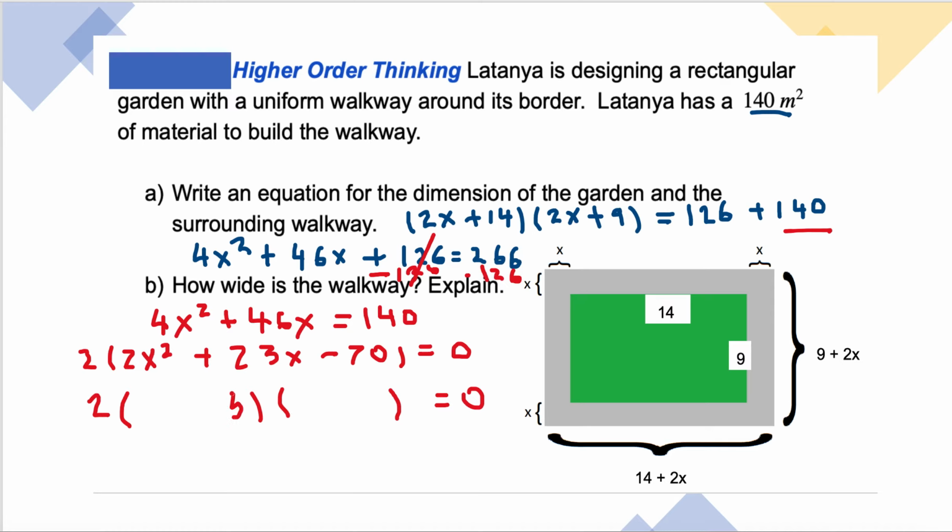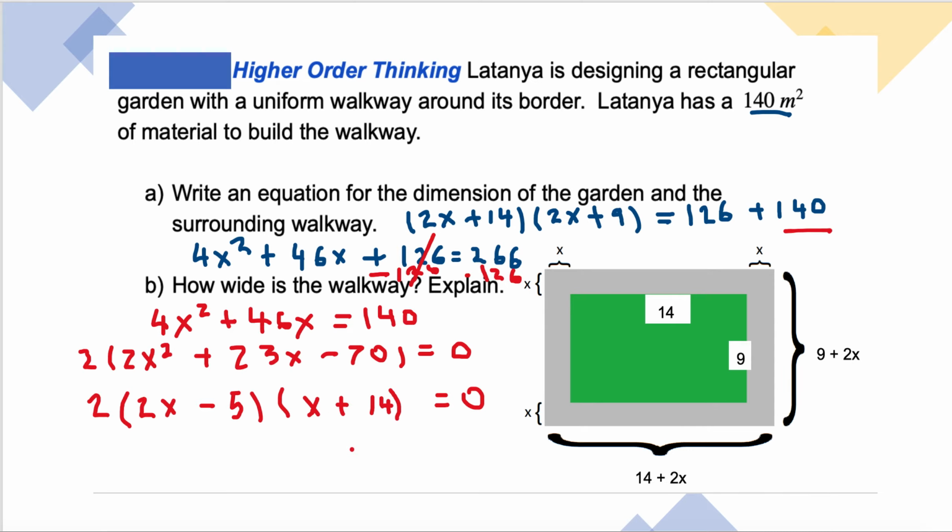I am not going to get into the details here, because I think we already did some examples before. The point here is just to find the factored form. This can be factorized as 2x minus 5 and the other part is x plus 14. We can factorize up to this point.